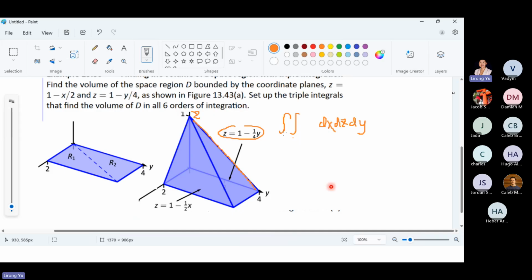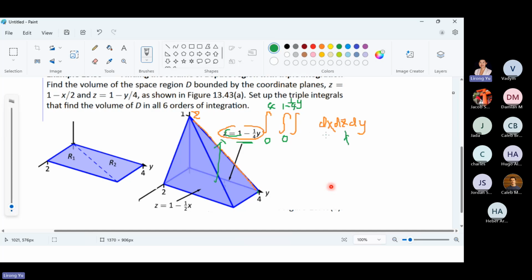Do it this way, and then our integration will be the y value, and you can see the y value is 0 to 4. I'm going to change the integration order there. And then for z, we already have this equation, right? z is going from 0 to 1 minus 1/4 y. That will be our integration limit for the z value because it is the value of the upper line.